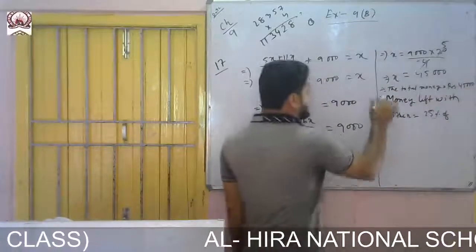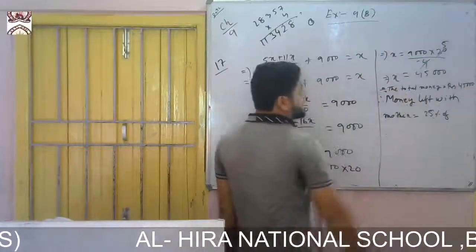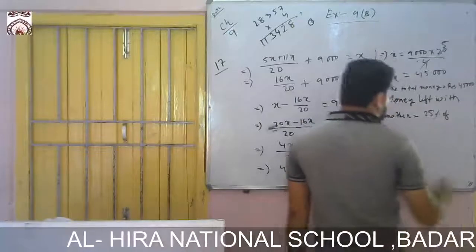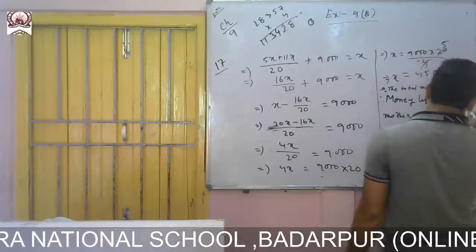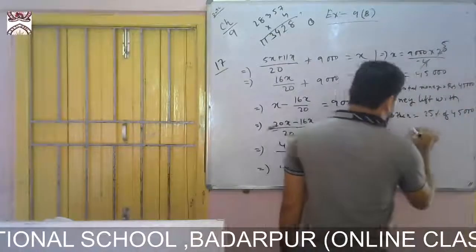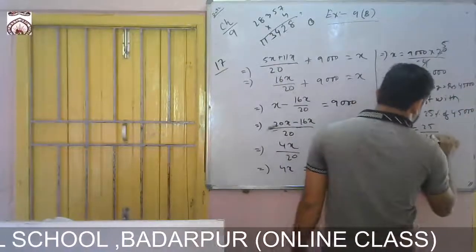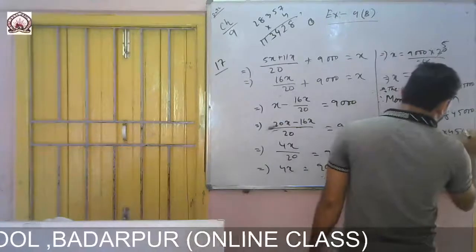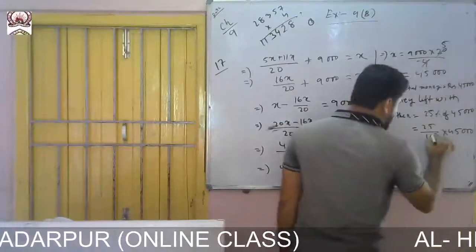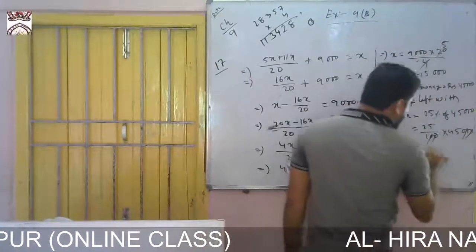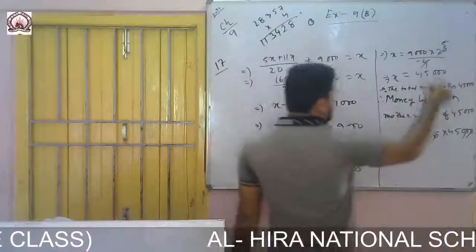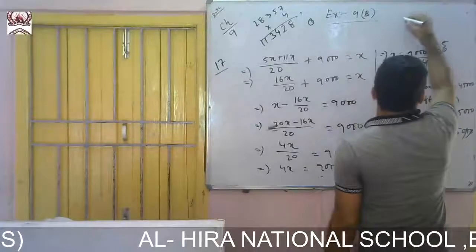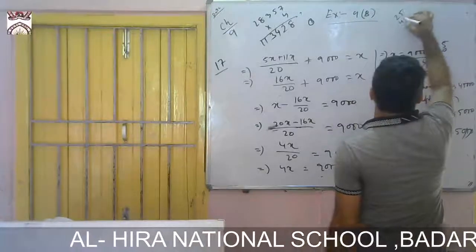So write: money left with mother equals 25% of 45,000. That means 25 by 100 into 45,000. 2 zeros cancel. Now 25 into 45, multiply.